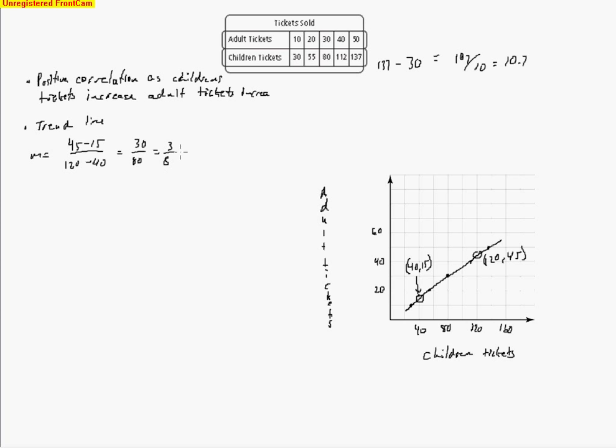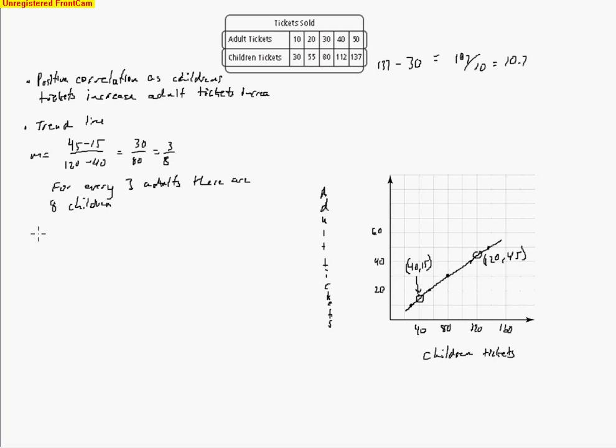So what this means is for every 3 adults, there are 8 children, is what we end up saying in this case.